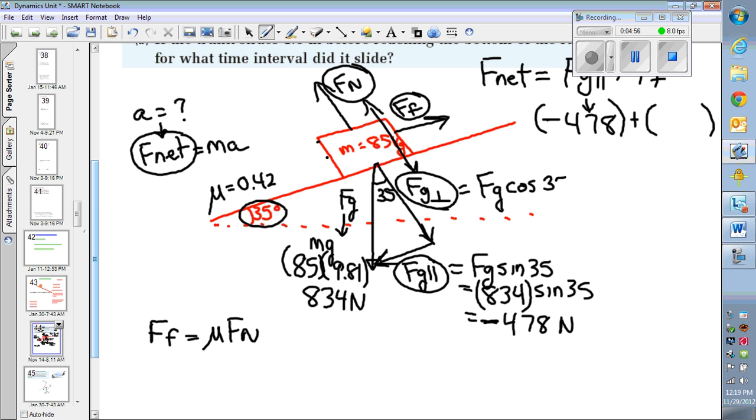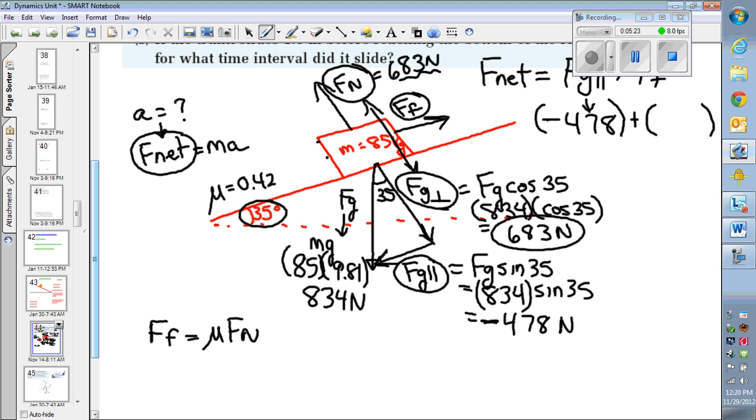So I'm going to take my 834 newtons and multiply by cos 35, and that's going to give me 683 newtons. That would be downward, perpendicular to the plane. And if it's 683 down, then Fn has to be 683 up.